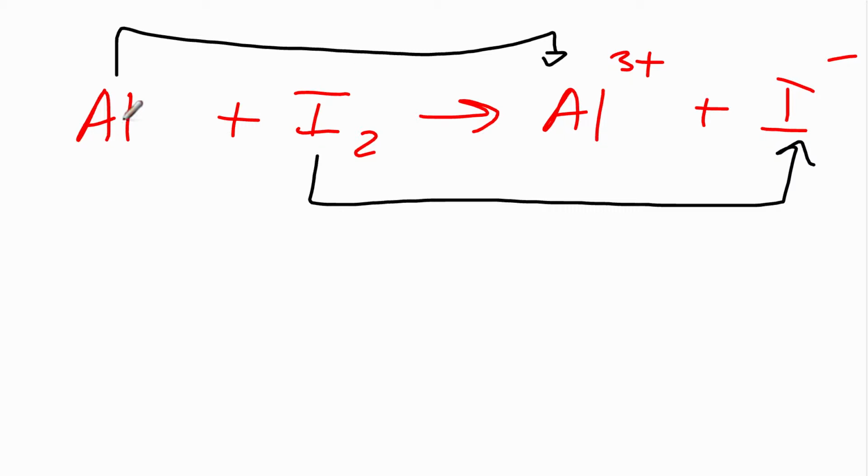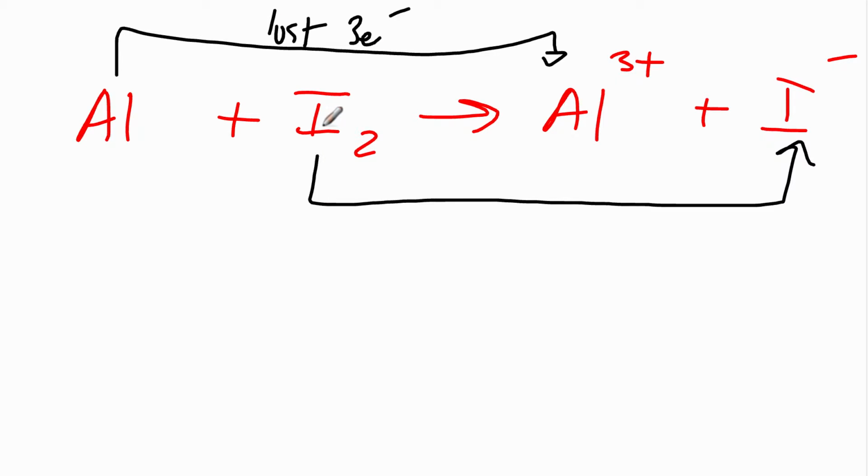But I need to balance how many of each one of these things I need in order to write a chemically balanced equation and also worry about the electrons. So this is my best guess without looking at it carefully. Aluminum forms aluminum 3 plus, so it must have lost 3 electrons.